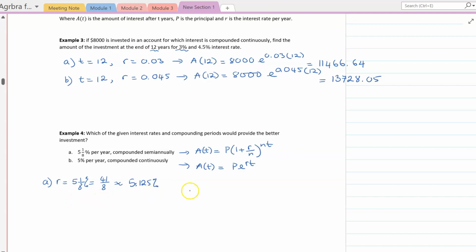So A of t in this case is equal to the principal times 1 plus 0.05125, and because it compounds semi-annually, we divide it by 2, times 2 per year. So let's say in 1 year, that's t.